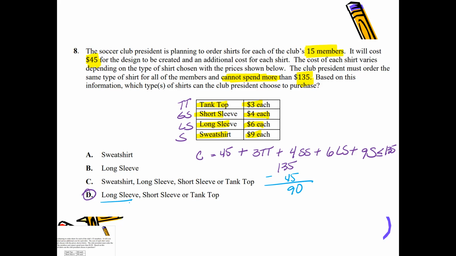So I could go ahead and do long sleeve because there's $6 on the minus of 6. And if you look at this, it says the cost of each shirt varies, but there is one condition. He must order the same type of shirts for all of the members. And how many members are there? There are 15 members.